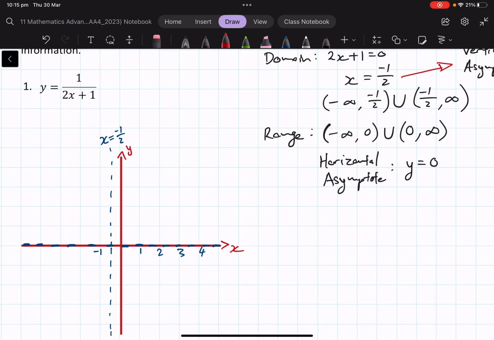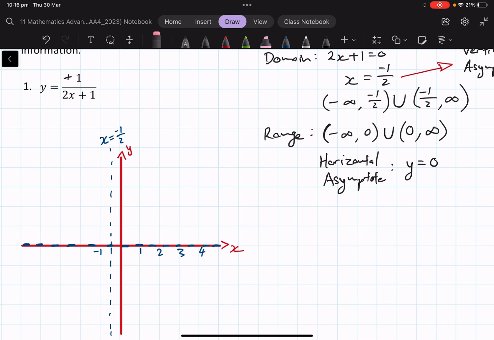Notice that it's positive here. There's no negative sign. You should have seen from your investigating that if it's positive, it's going to be this quarter and this quarter. If it's negative, we'll see in the next example, it's going to be this part and this part. But for this example, it's positive, so we're going to stay here.